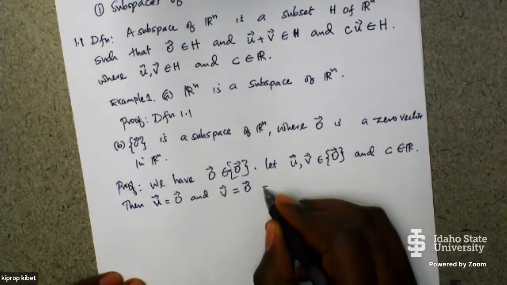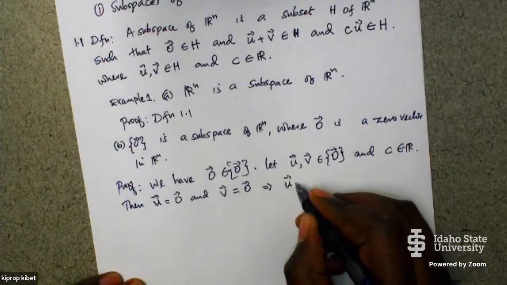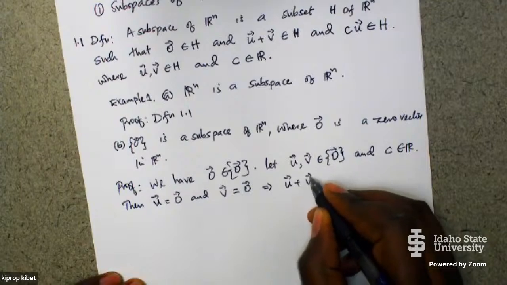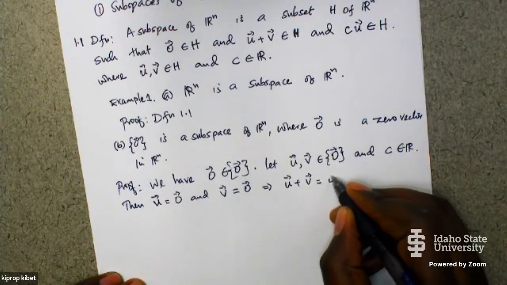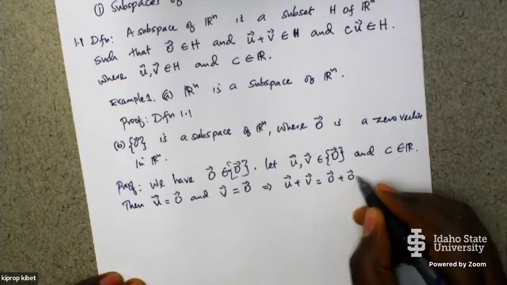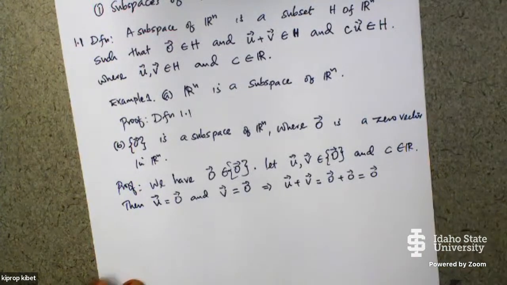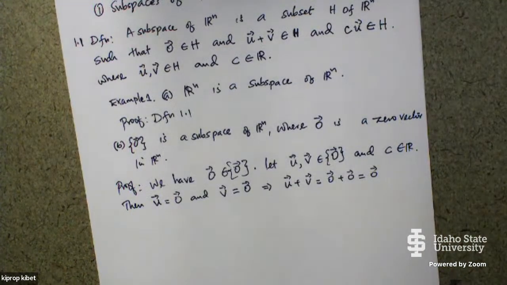Therefore, u plus v equals zero vector plus zero vector, which is the same as the zero vector.